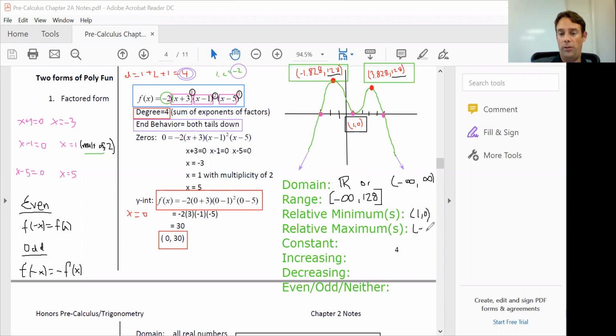Negative 1.828, comma 128. And we have another one. So I'm going to make a little and symbol here. And 3.828, and 128.